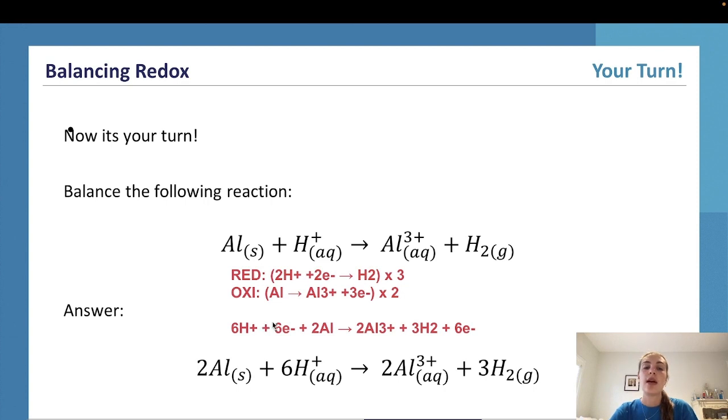So we can take out the 6 electrons on both sides, because that's just a net change of 6 electrons from both sides, so we don't need to show it. So then that gives us 2 aluminium plus 6 hydrogen ions makes 2 aluminium 3 plus plus 3 H2.